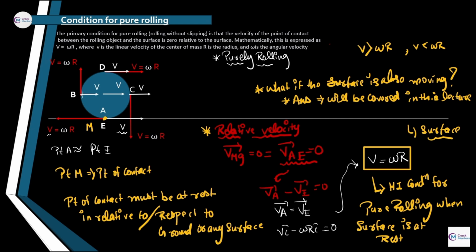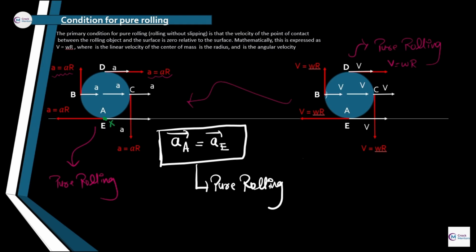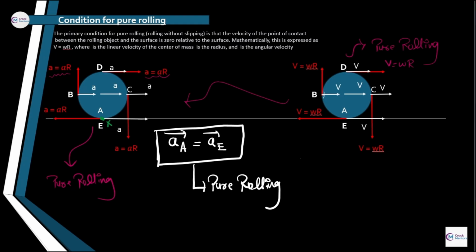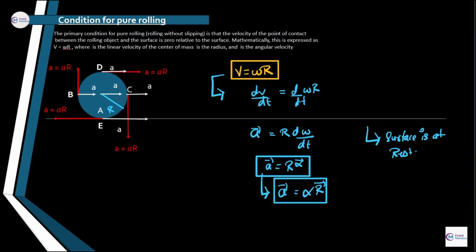I'm at a different slide right now. Okay, this is the slide. As we can see, acceleration is equal to alpha r. I have mentioned it earlier. This is the condition for pure rolling, and I'm going to use it in the question. I'm hoping that there is no doubt or issue regarding it.